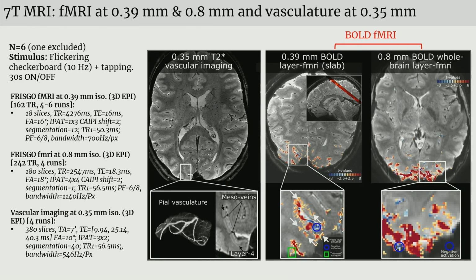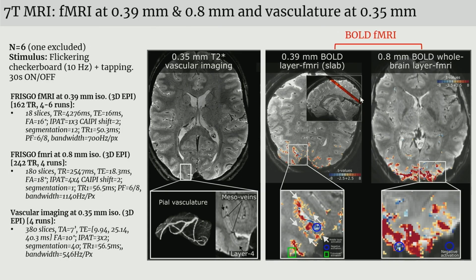So in our study, we are bringing together these two very exciting approaches. We collected data on a clinical 7T scanner for 6 healthy individuals over multiple scanning sessions. In one session, we fully focused on vascular imaging, getting T2 star-weighted images at 0.35 millimeter isotropic for the whole brain.